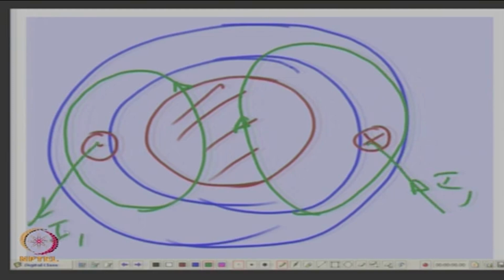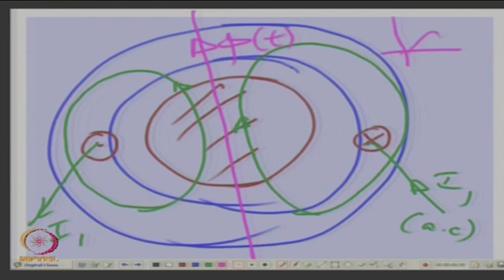Since this is AC, this flux will be a time varying flux phi, which will typically vary with time like this.